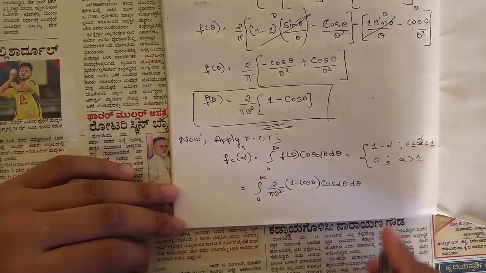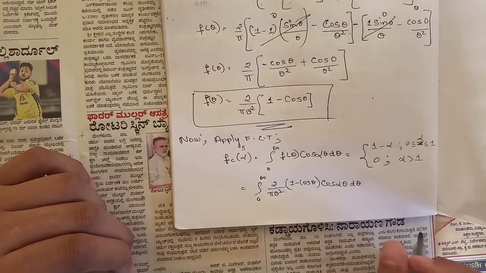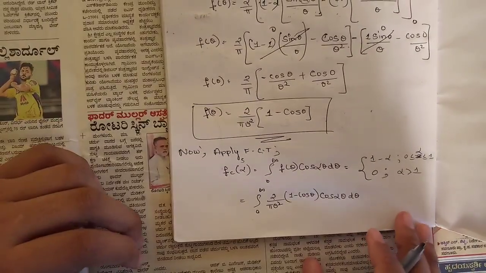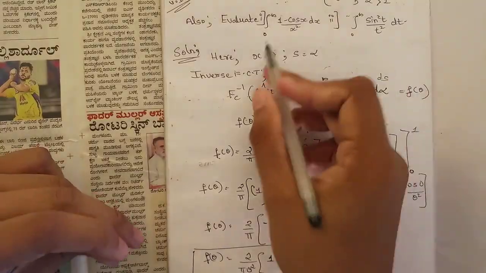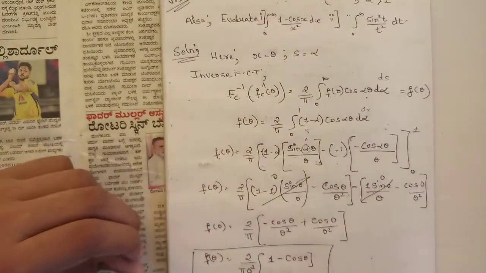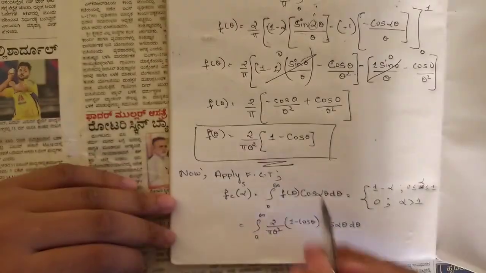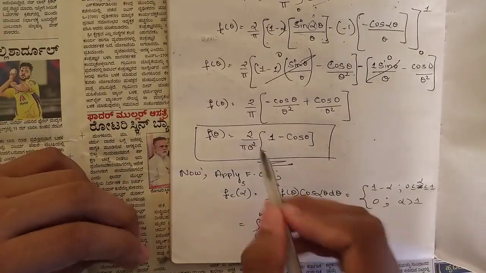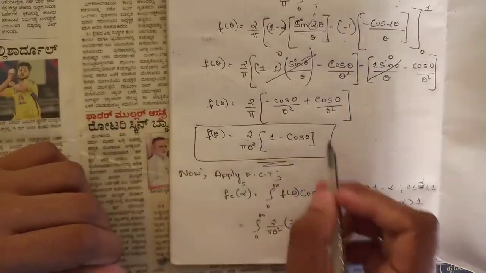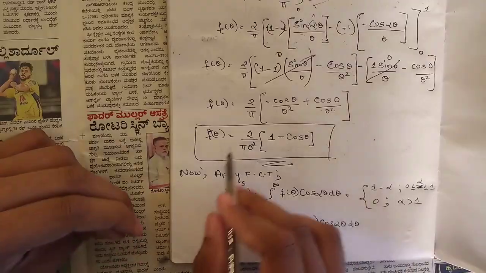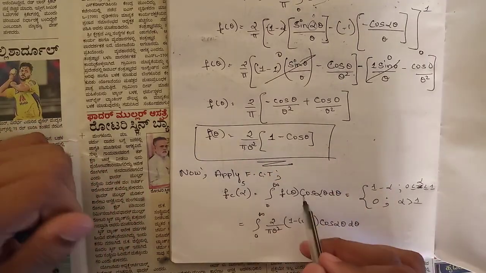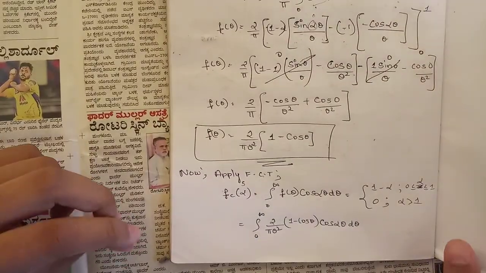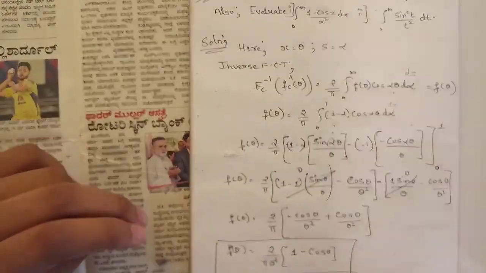The first thing we need to evaluate here is 1 minus cos x by x square. I forgot to tell you that we are applying this Fourier cosine transform to evaluate. First we found f of theta, so we are applying the Fourier cosine transform and substituting here f of theta because we need to evaluate the cases. For that we are doing this.